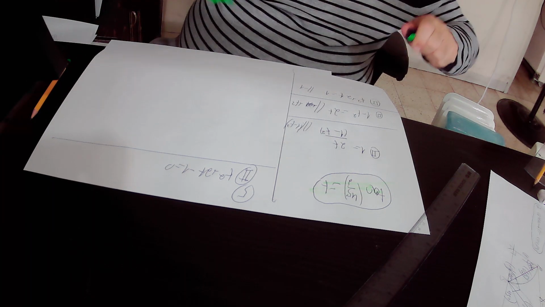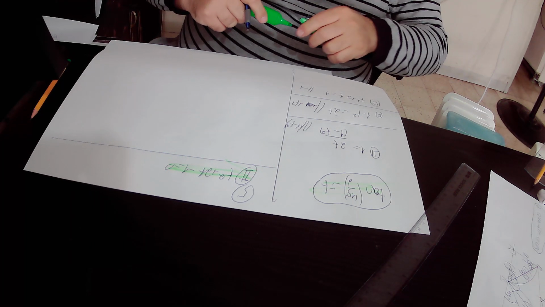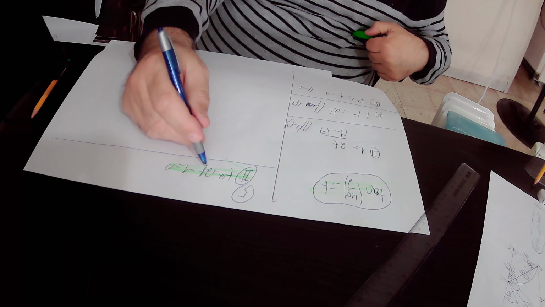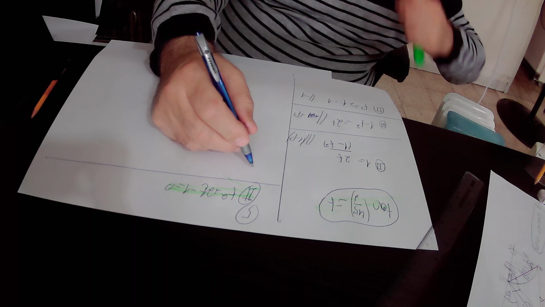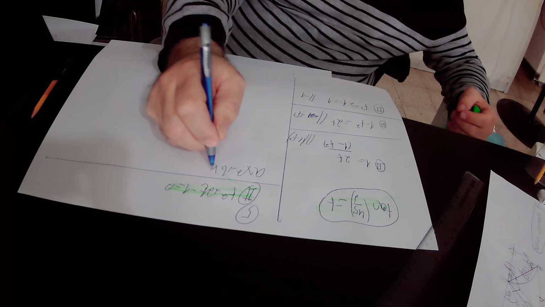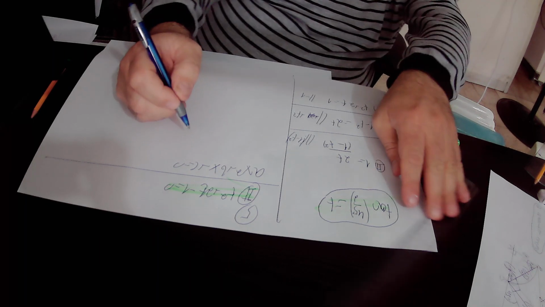So, equation number 2, t squared plus 2t minus 1 equals 0, is a quadratic equation. The general formula for a quadratic equation is ax squared plus bx plus c equals 0.